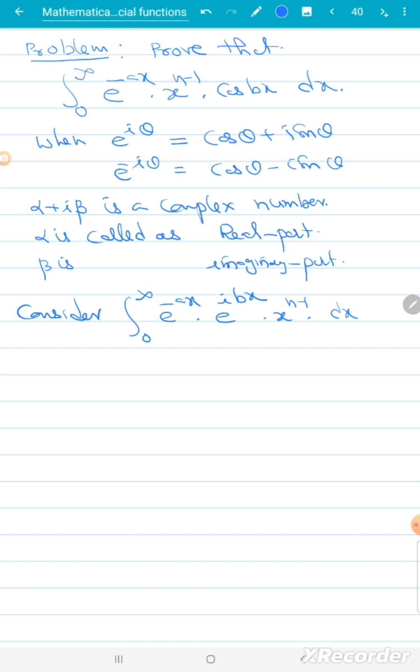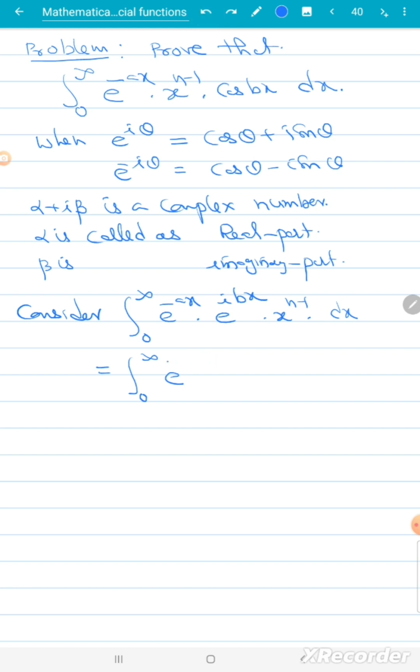So this can be written as integral 0 to infinity e power minus a plus ib times x. I need to take minus as common.